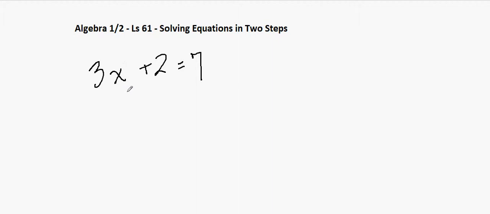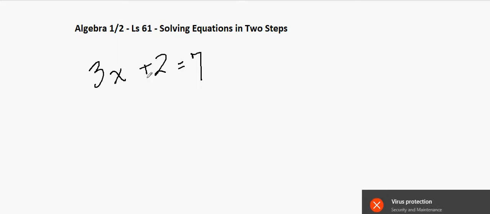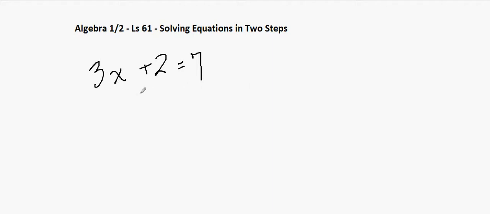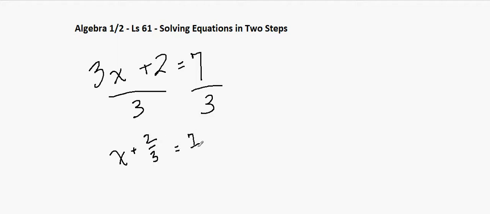Now what do I do? I can't just multiply by a third like we would normally do. I still have this over here. And you're not going to want to do that division first, because if I divide both sides by 3, I have to divide the whole side by 3. Now I've got x plus 2/3 equals 7/3. And it's just not as pretty as I'd like it to be.